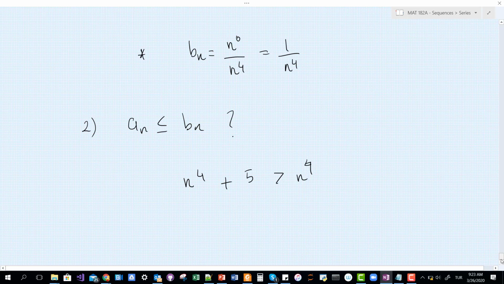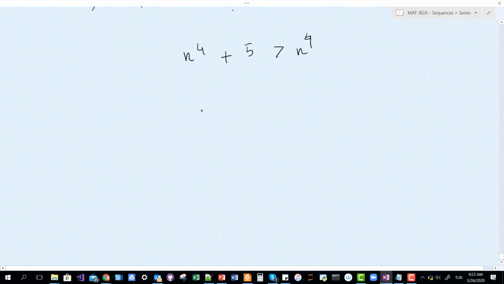And if I flip this inequality, I would get 1 over N to the 4 plus 5, which is less than 1 over N to the 4. Sorry. You can use the equality 1 over N to the 4. Okay, look at it. Now I have satisfied the inequality.